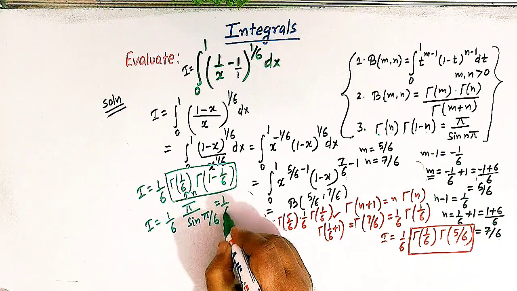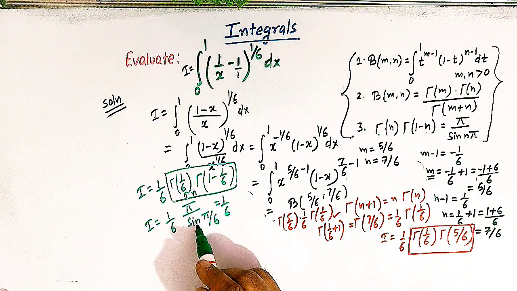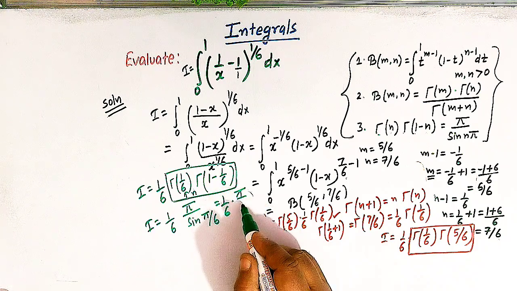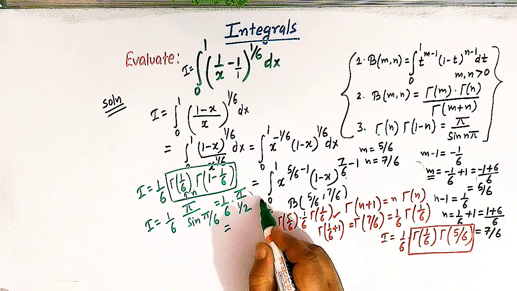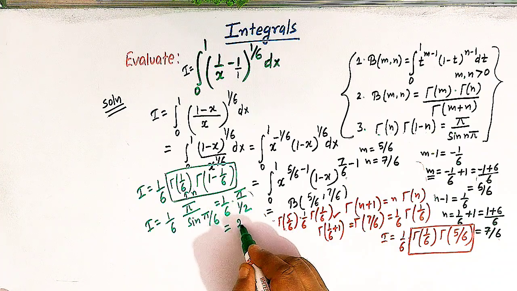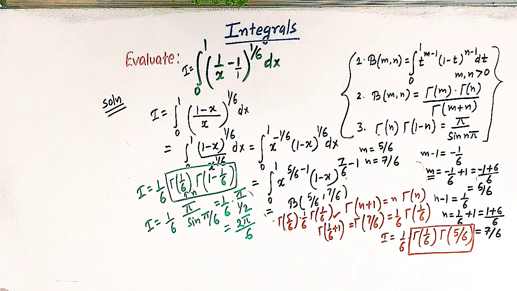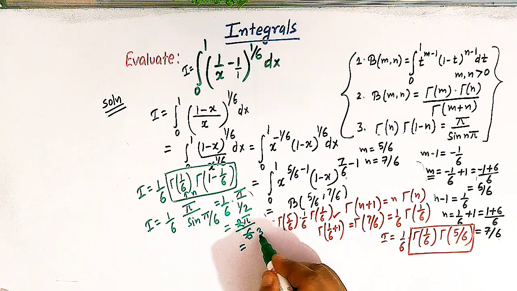So we have 1 over 6, and sine pi by 6 is sine 30 degrees, which is equal to 1 over 2. Taking this 2 to the numerator, we have 2 pi divided by 6, and here 2 times 3 is 6.